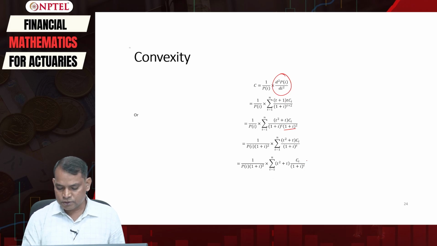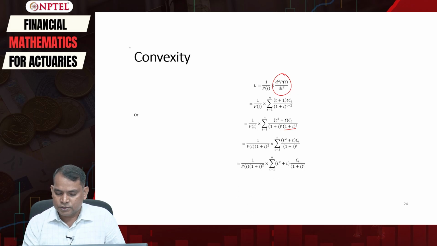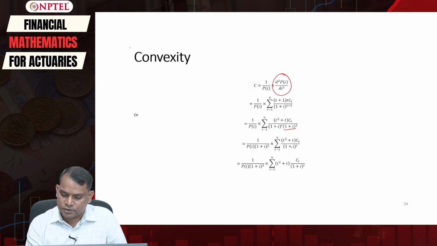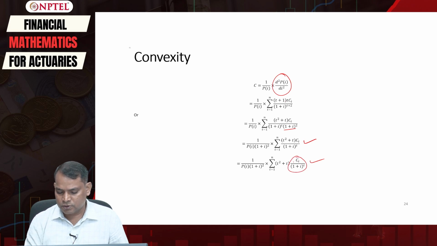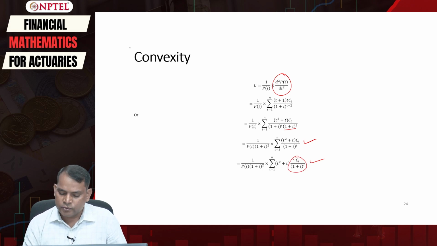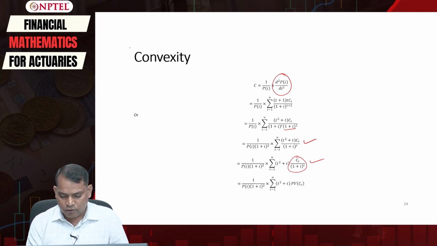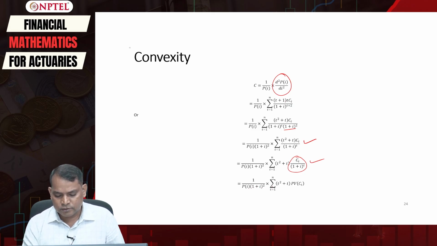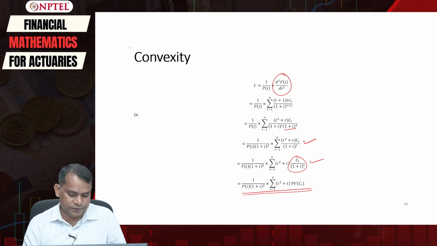This one and this one are exactly the same. I have just separated this so that it is the present value of Ct. Or we can have 1 upon Pi times 1 plus I square multiplied by sum of t square plus t times the present value of the cash flow in the future. So this is the formula for the convexity.